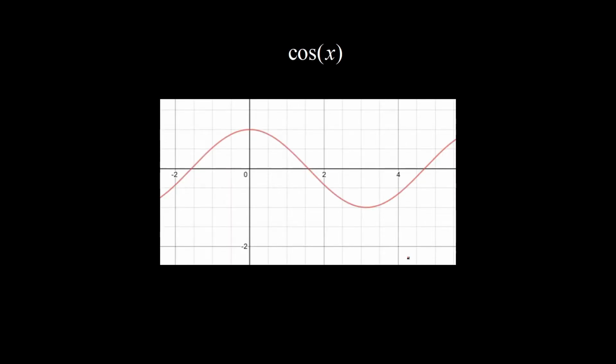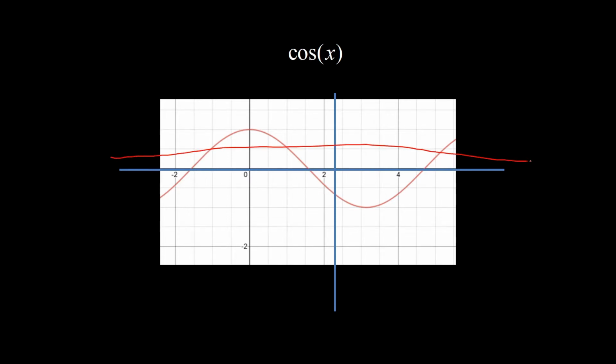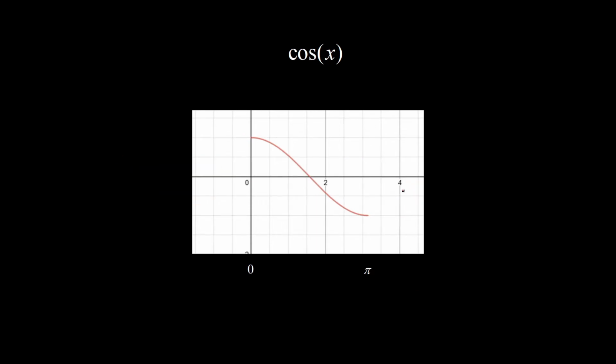And the same is true with cosine. Cosine also fails a horizontal line test. And so to fix that, we have to restrict cosine. And we restrict cosine from 0 to pi. The inverse cosine will only output angles between 0 and pi.